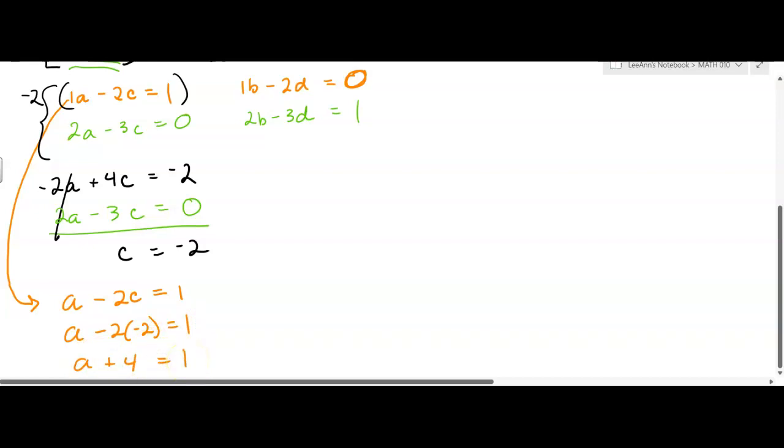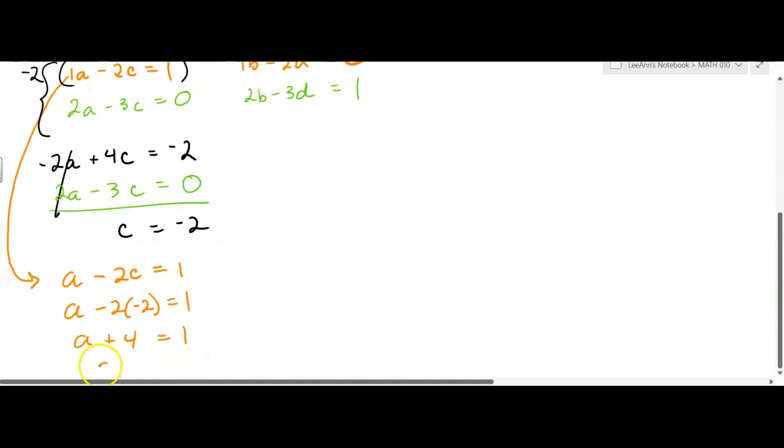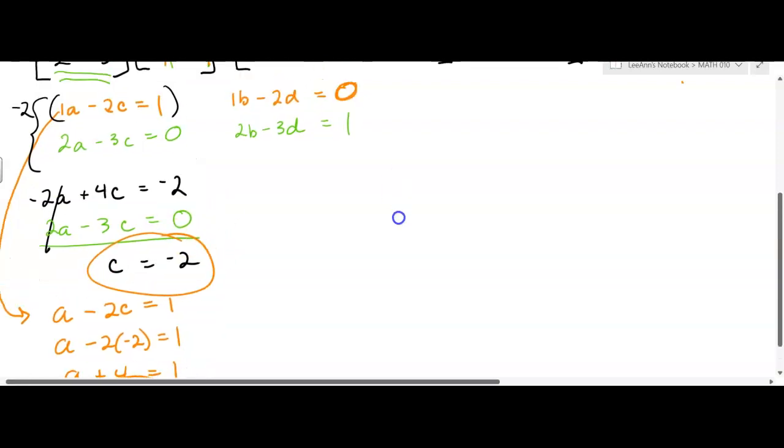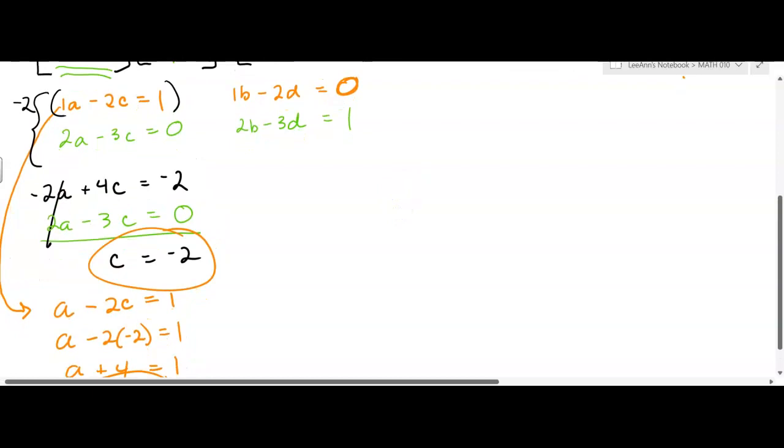So I get A plus 4 equals 1. A equals negative 3. So now I know what C is, and I know what A is. I just have to find B and D. I have another pair of equations here, the B, D equations. I'm going to use the same method and cancel the B's.